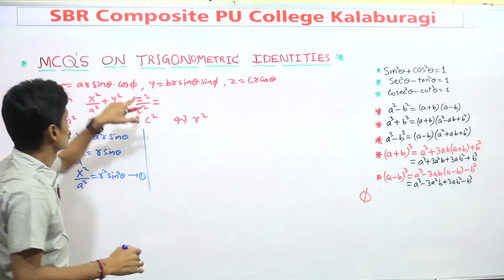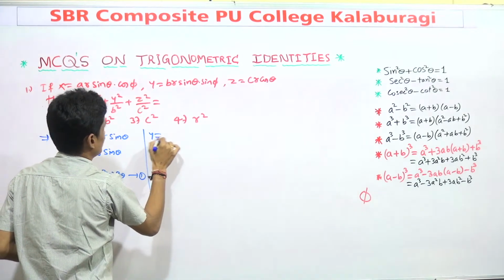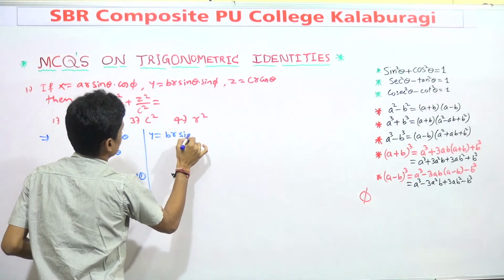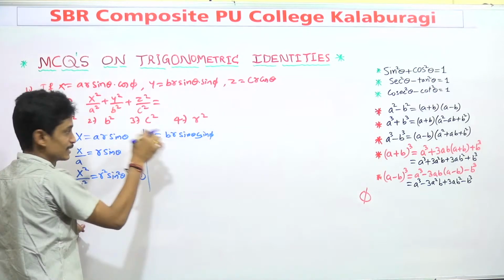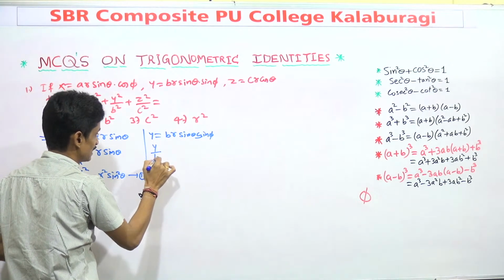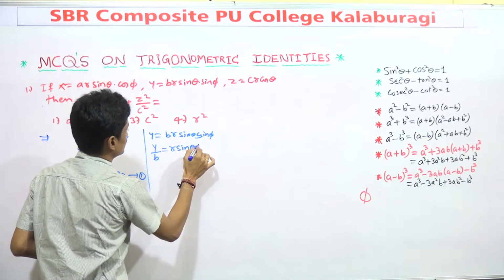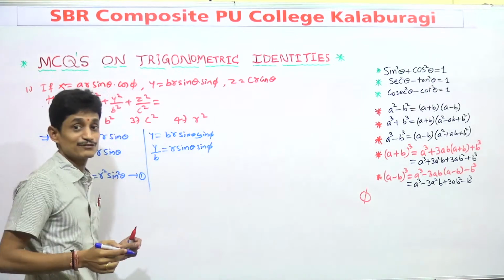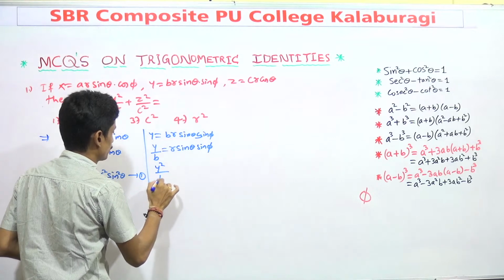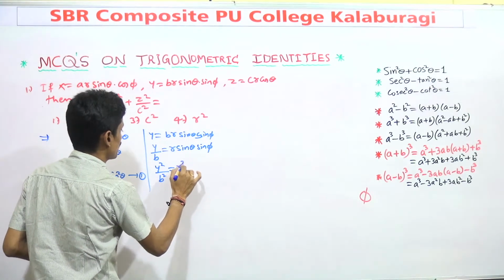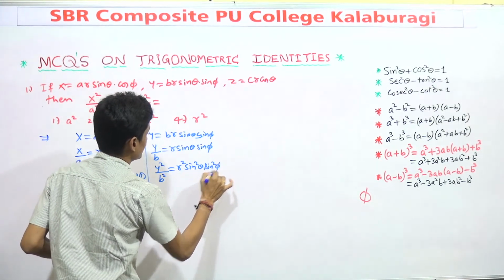Similarly, we have to go to y as well as z. Now I will take y, that is y is equal to b r sine theta into sine phi. So transfer b on LHS side, it will be y by b equal to r sin theta into sin phi. But we need y square by b square, so y square by b square is equal to r square sin square theta into sin square phi.